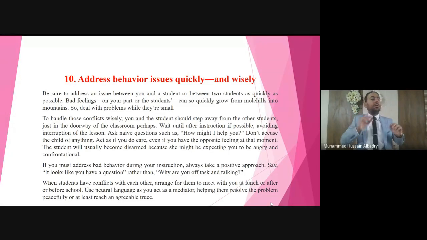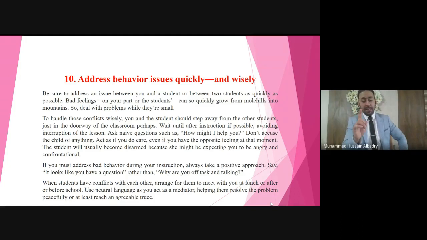Don't show that you didn't listen to it. You didn't hear it. You didn't care. If you neglect it, if you ignore it, there will be so many problems, bigger problems than this problem. So address it quickly and wisely.